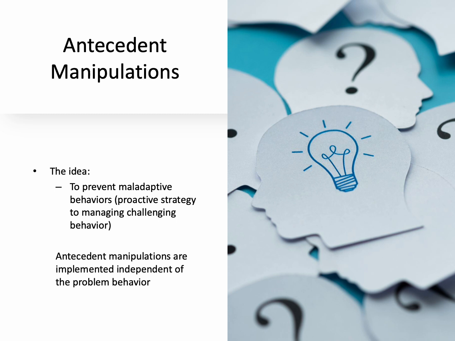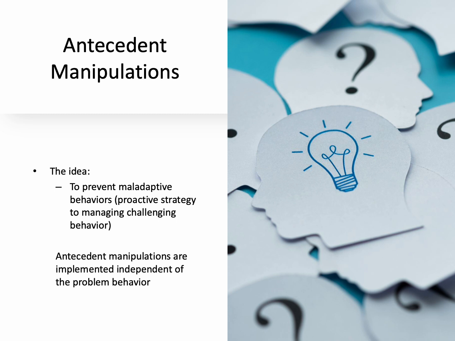But the idea with antecedent manipulations is that we want to prevent maladaptive behaviors by making it less likely for that behavior to occur, or remove the need for them to even engage in that problem behavior by satisfying their particular needs in some other way.